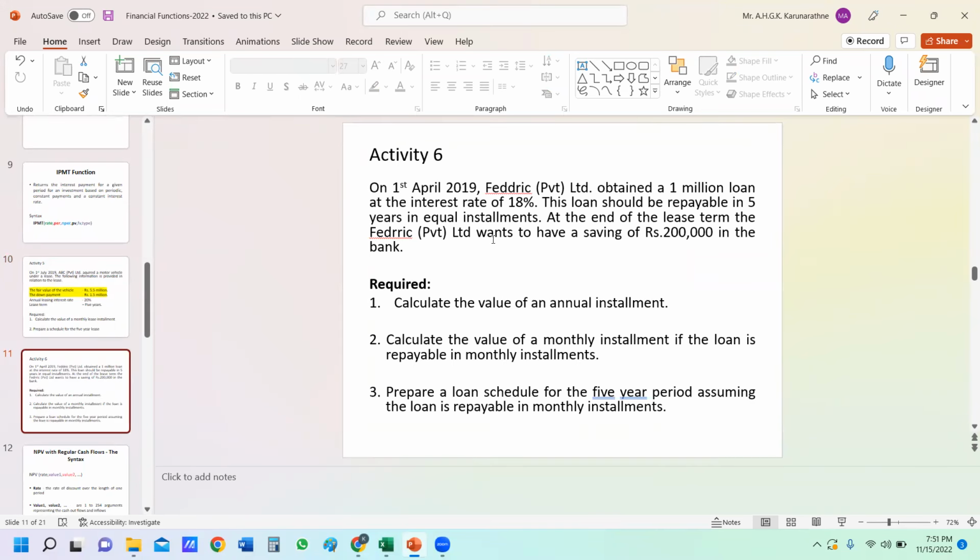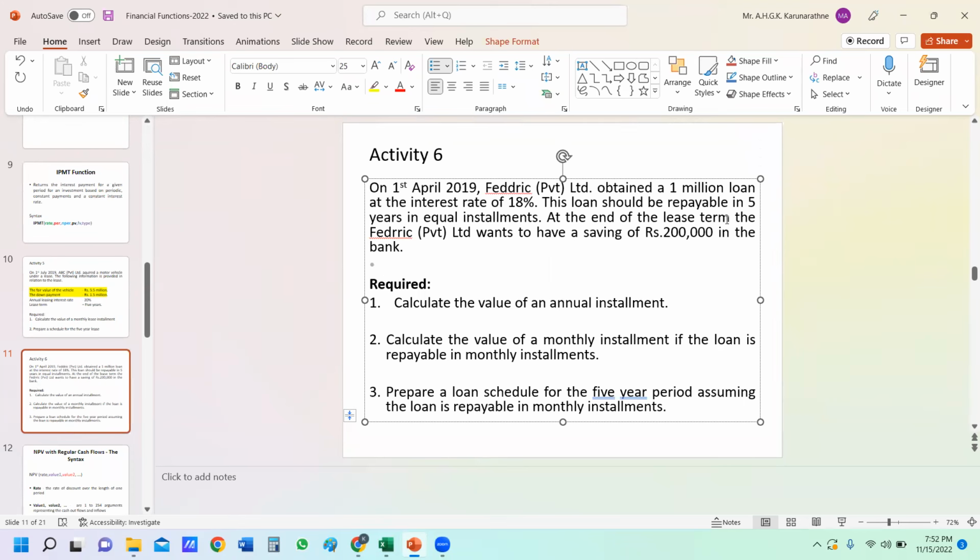Yes, there's another activity. On 1st April 2019, Fedric Private Limited obtained a 1 million loan at an interest rate of 18%. This loan should be repayable in 5 years in equal installments.